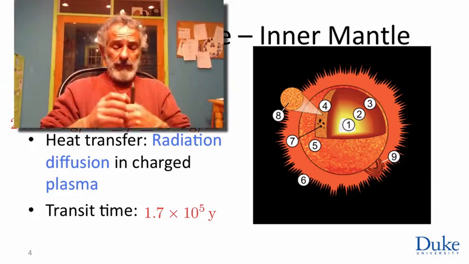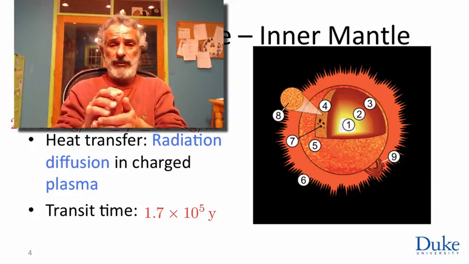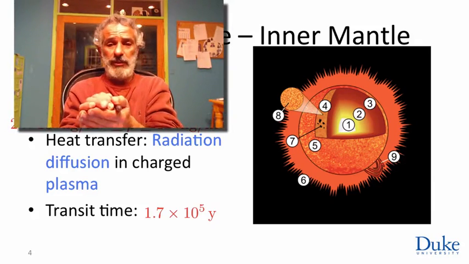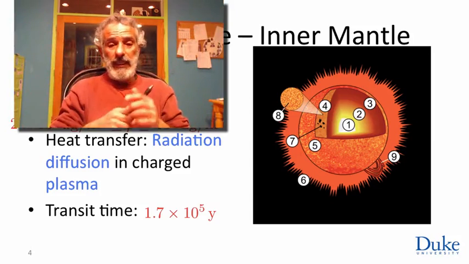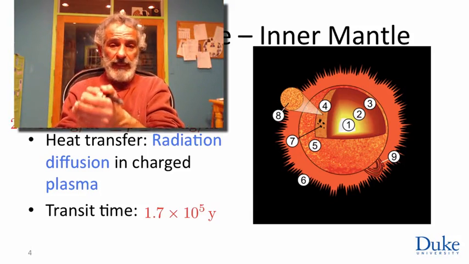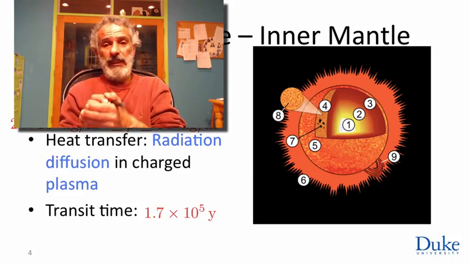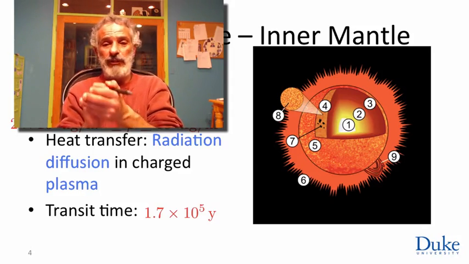And this region is characterized by the way energy is transferred. Of course there's a net transfer: energy is produced in the core and it flows out and is then radiated out to heat us. The mode of heat transfer in this part of the sun is radiation. Now, this does not mean that this part of the sun is transparent. It's radiation diffusion.